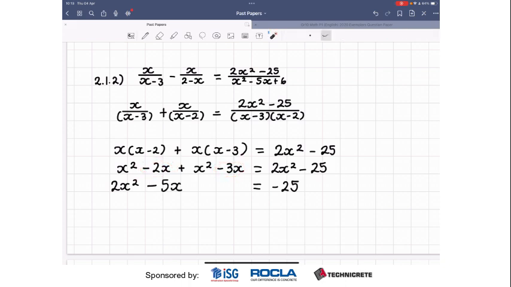And then I'm going to bring this positive 2x squared to the other side, which makes it negative. So I've now got negative 2x squared. And I can see that these two cancel out, so this positive 2x squared plus this negative 2x squared is equal to 0. And I'm just left with minus 5x on the left-hand side and minus 25 on the right-hand side. And I can clearly see that x is equal to 5.